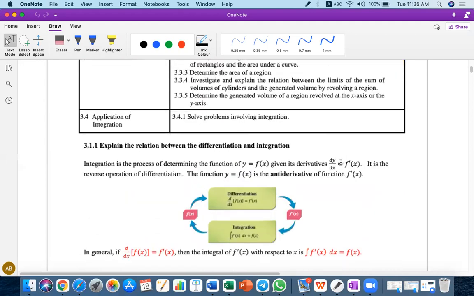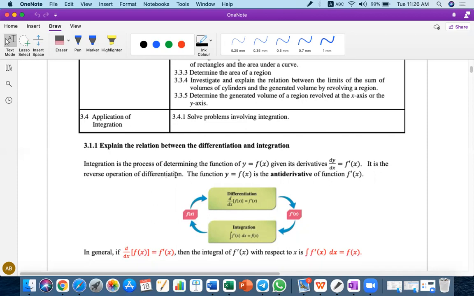What is the relationship between differentiation and integration? I can imagine that differentiation and integration are brother and sister. If we differentiate f(x), we get f prime x. If you integrate f prime x, you get f(x) back. So y equals f(x) is the antiderivative of the function f prime x.